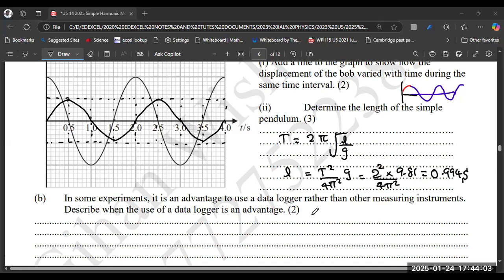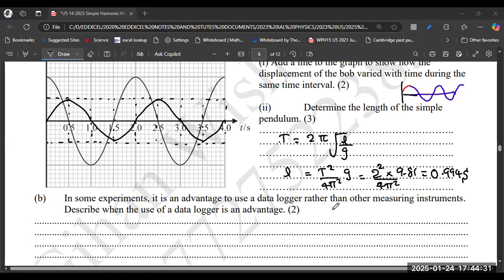So here, in some experiments it is an advantage to use a data logger rather than measuring instruments. Describe when the use of a data logger is an advantage. This is actually an open question. So we can write any two from what I told. Then one is, many readings can be taken in a short time interval.